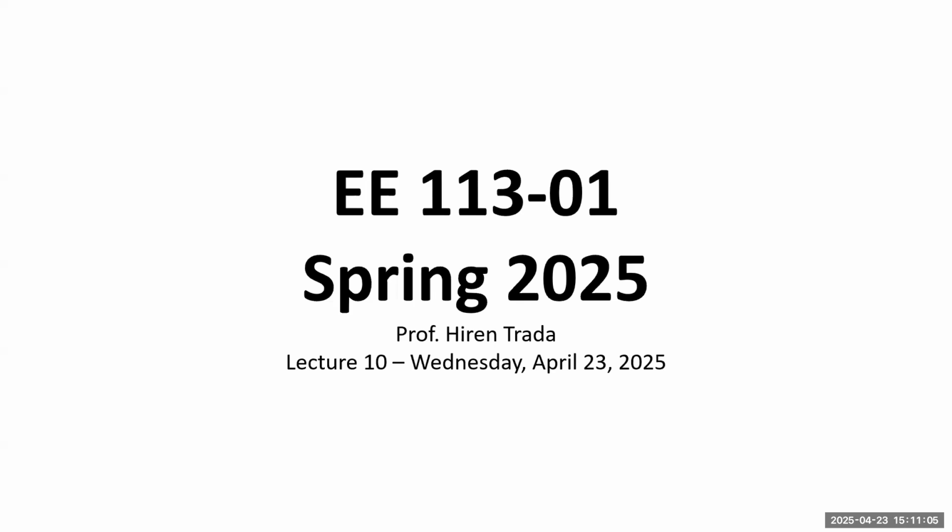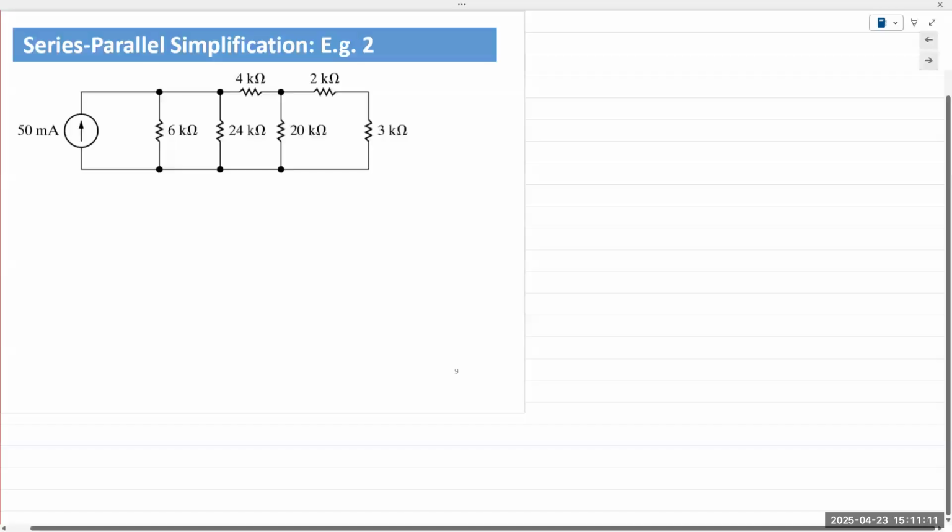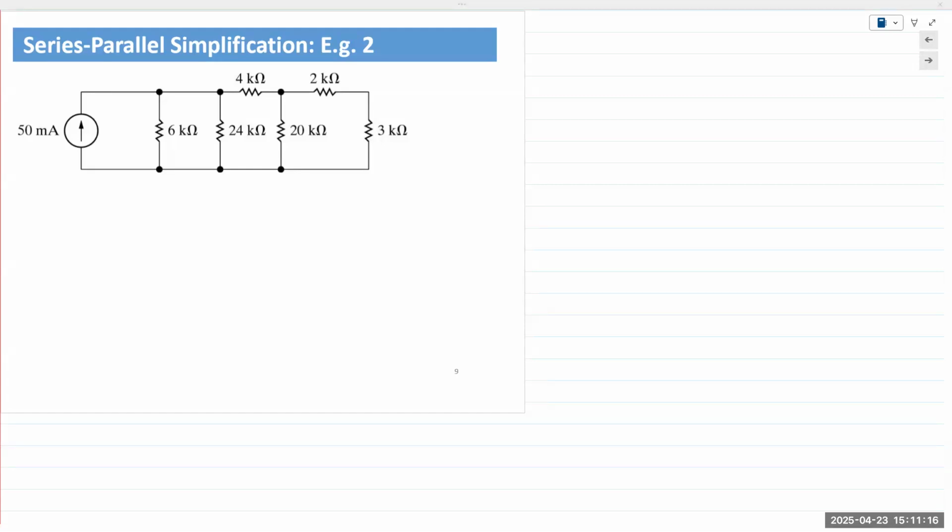So let's take a look at example number 2, right? Now, the circuit at first glance seems rather straightforward, right? We have a 5-6 resistor circuit, all connected either in series or in parallel.